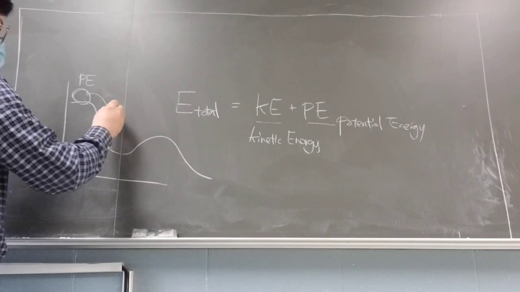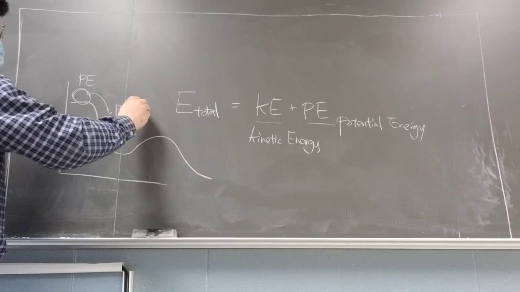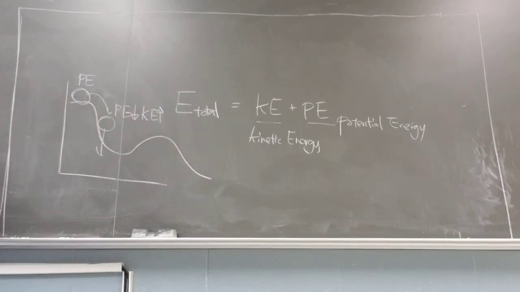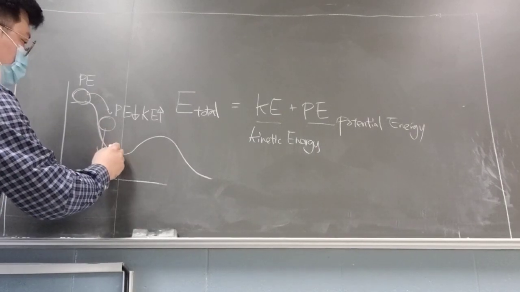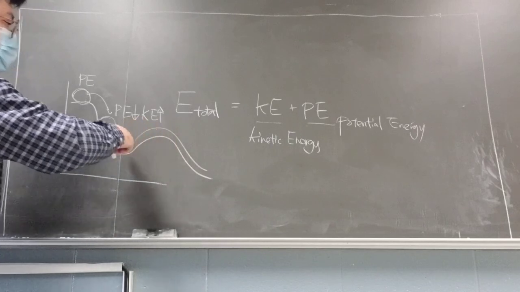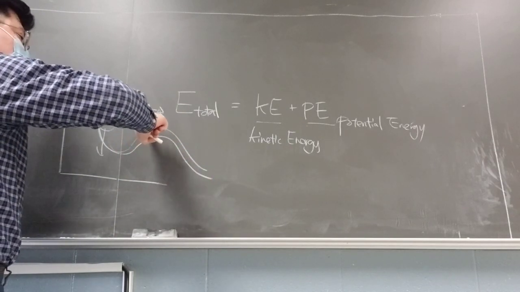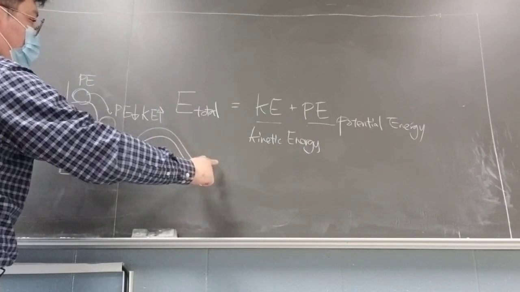So instead of having potential energy, going down, at the same time it will have some amount of kinetic energy going up because it's moving faster and faster. When it gets to the lowest position, the potential energy is lowest and the kinetic energy is highest. Going up again, it gains potential energy but slows down, with lower kinetic energy.